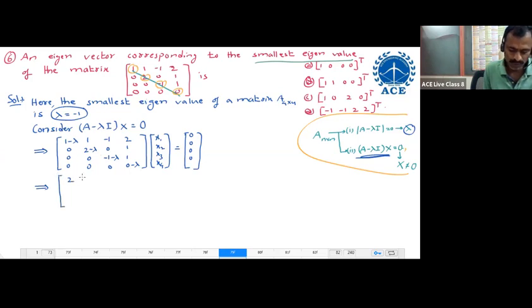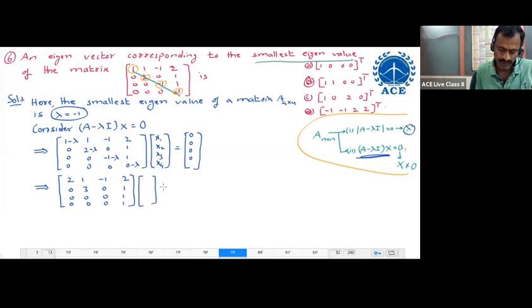This becomes the matrix with rows 2, 1, minus 1, 2; 0, 3, 0, 1; 0, 0, 0, 1; 0, 0, 0, 1, multiplied by x equal to 0.